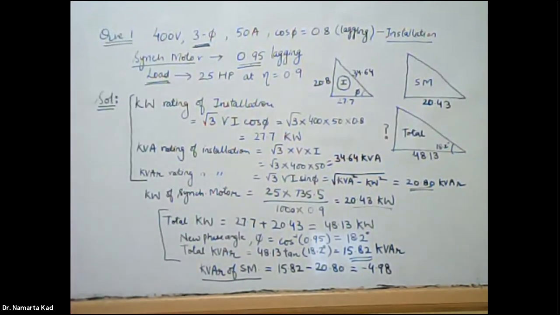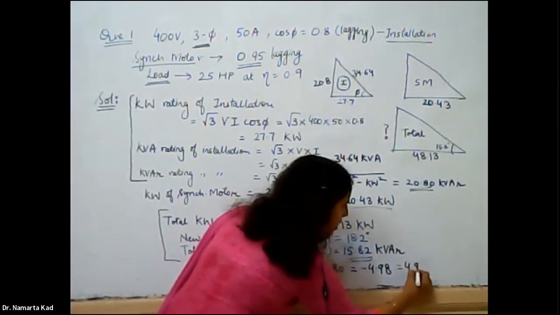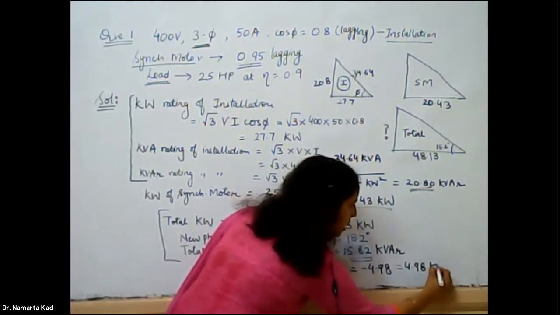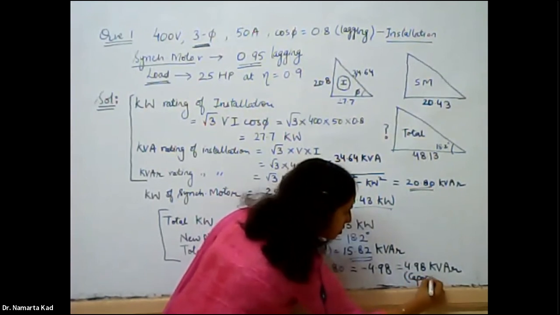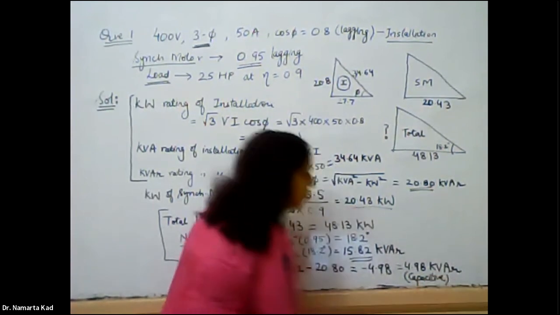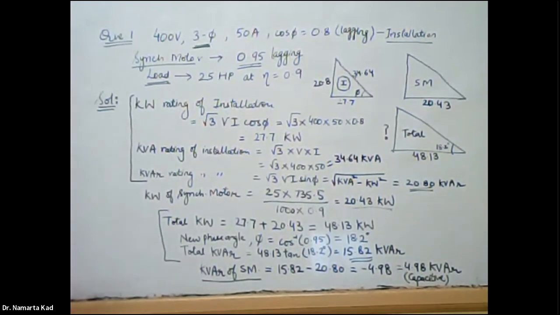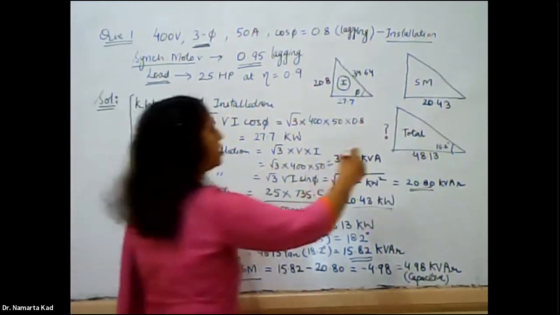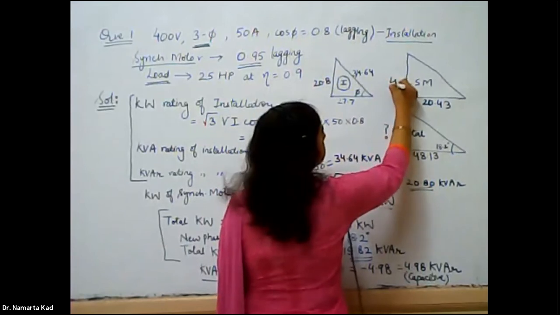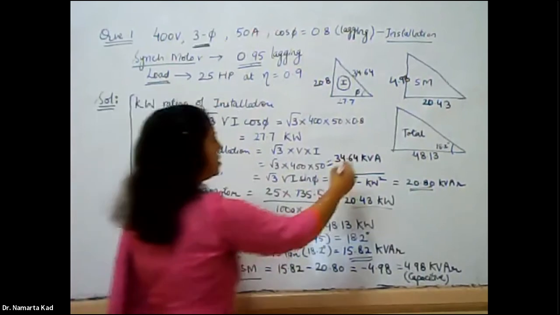So it comes out to be minus 4.98, or you simply write it as 4.98 kVAR, but in the bracket write down capacity. Okay, so till now we have calculated the kVAR for the synchronous motor. It comes out to be 4.98. The kVAR for total comes out to be 15.82.